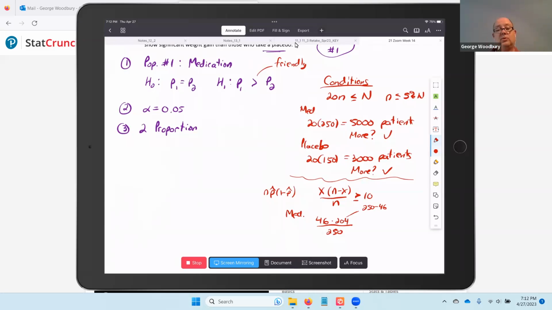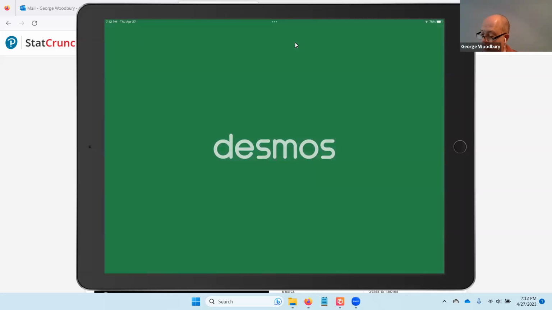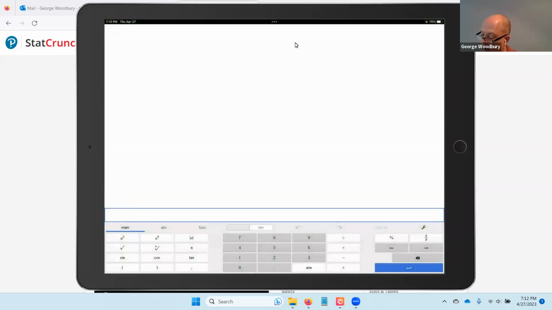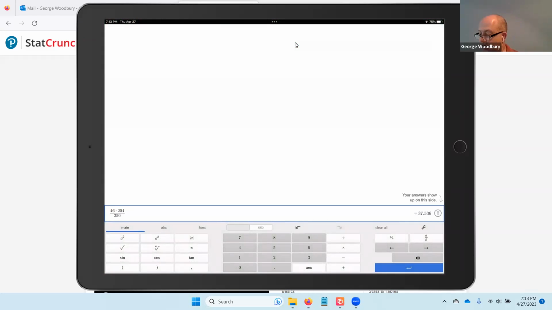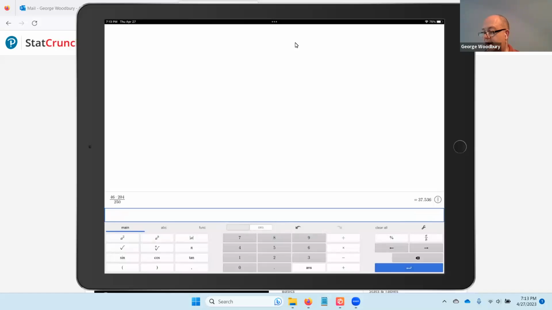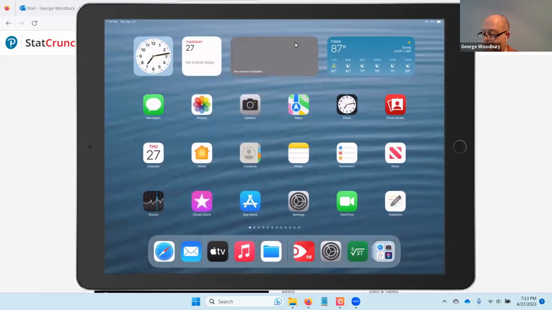So that's the arithmetic I need to work out. 46 times 204 over 250. And I can do that in the calculator. Fraction 46 times 204, denominator 250. And I get 37.5 and change. And that is bigger than 10.